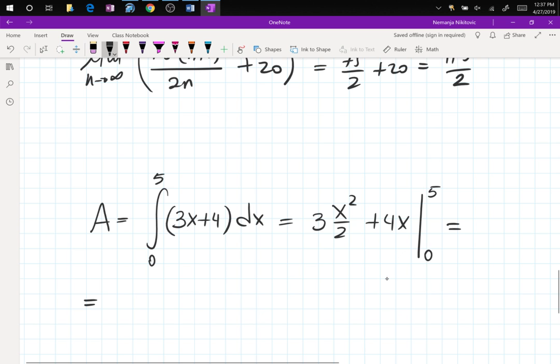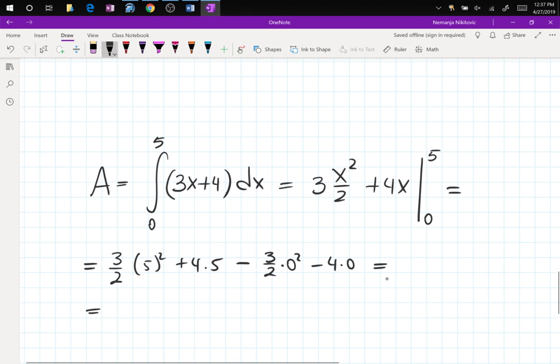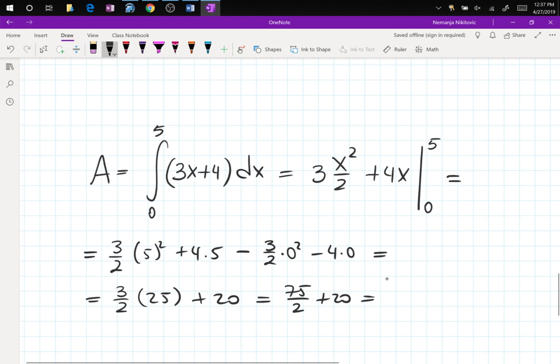We have 3 halves, and the way to compute this is you plug the upper limit first, so that's going to be 5 squared plus 4 times 5, and then minus 3 halves, 0 squared minus 4 times 0, which will give me 3 halves times 25 plus 20. Do we remember seeing 75 over 2 plus 20 to give us the same answer of 115 over 2?